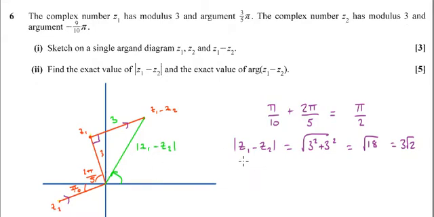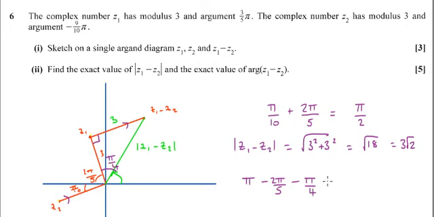This angle, though, is going to be pi over 4 because we've got an isosceles triangle. We've got a right-angled isosceles triangle, so these two angles down here and here must be 45 degrees. So all we need to do is, because that's going to be pi over 4, do pi minus 2 pi over 5 and minus pi over 4.